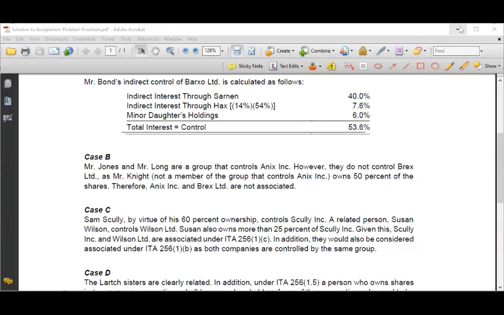I'll bring up the whiteboard again, clear this all off. So let's take a peek now at C and see what part C looks like.